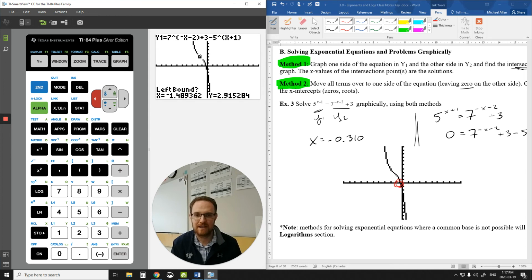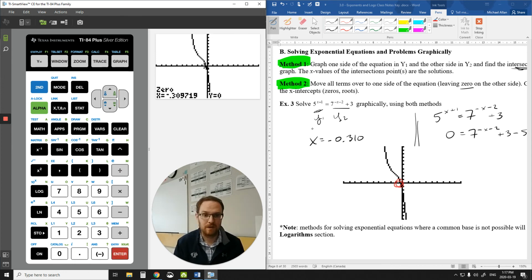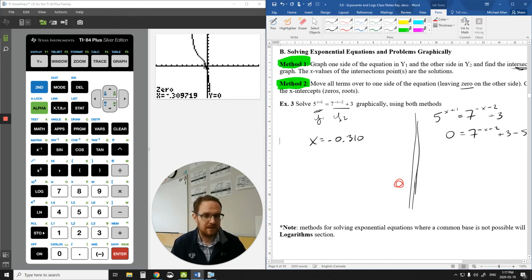So this is the one I'm trying to find. I want to make sure I'm immediately to the left of that. You hit enter. Then you want to go to the right over here. You want to make sure that this cursor is to the right of that point. Then hit enter. If you did it correctly, you just hit enter again, and you should get the same point here. All right, so let me just delete that.